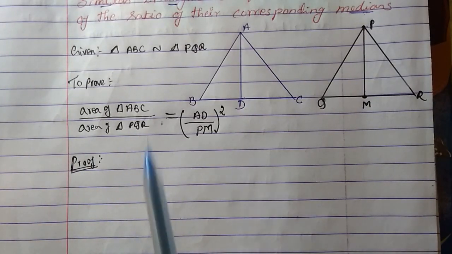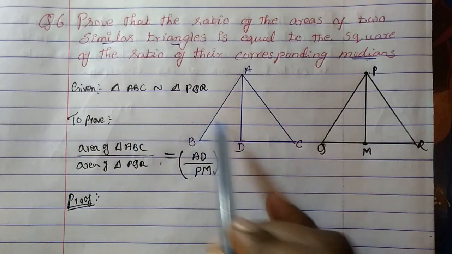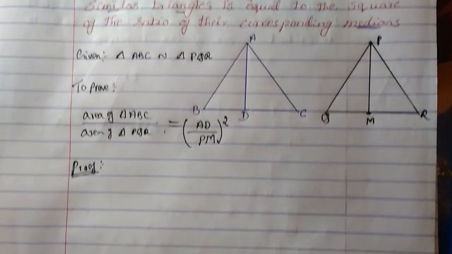So now we'll take from here only. What is given to us? Triangle ABC is similar to triangle PQR. So if they are similar, what things will be equal?